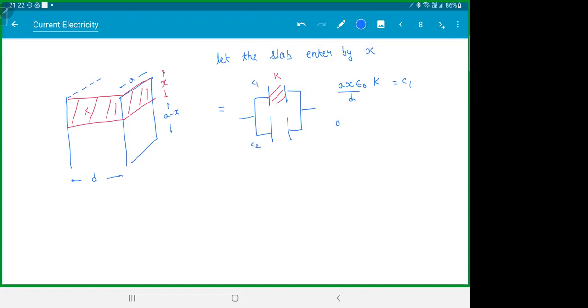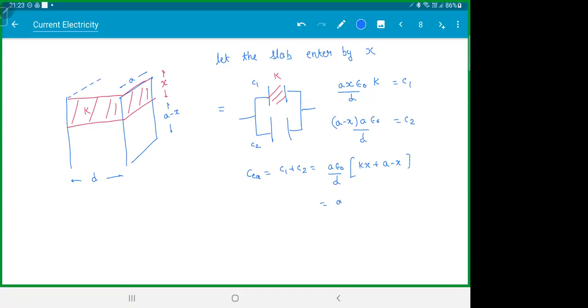C2 will be (A minus X) into A epsilon by D. This is your C2. So C equivalent will be C1 plus C2, which is A epsilon by D into (Kx plus A minus X). That's your C equivalent, everyone.